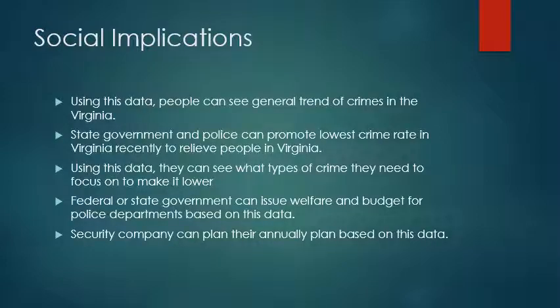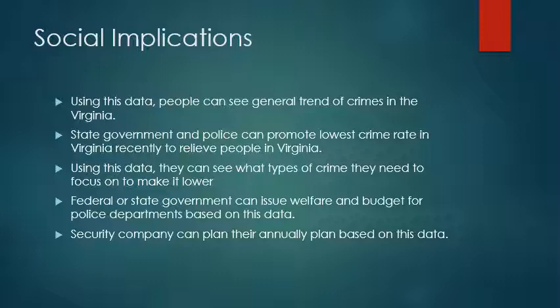For social implications, using this data, people can see general trends of crime in Virginia, and this can be used by either the state government, state police, or even the federal government and federal police, and also law enforcement departments such as the FBI, and also the average citizen in particular states, in this case Virginia, can see this data and know general ideas about the crimes in Virginia.